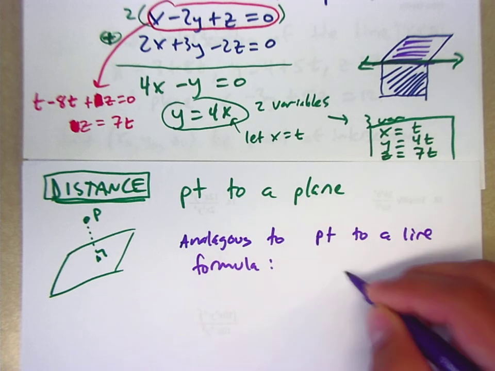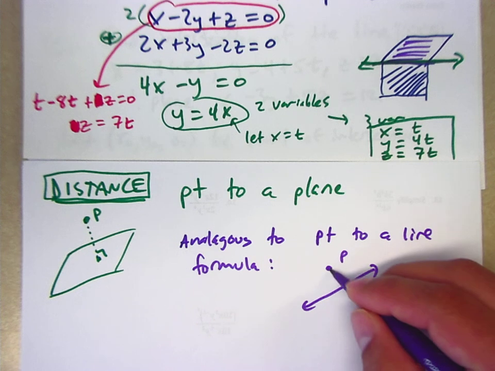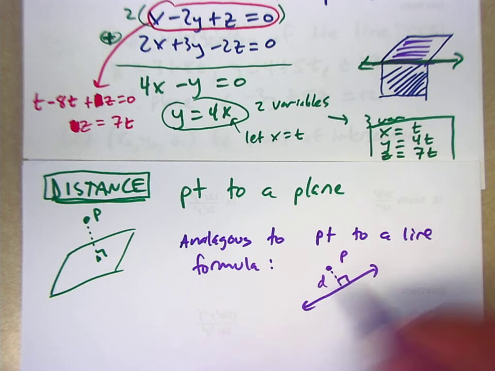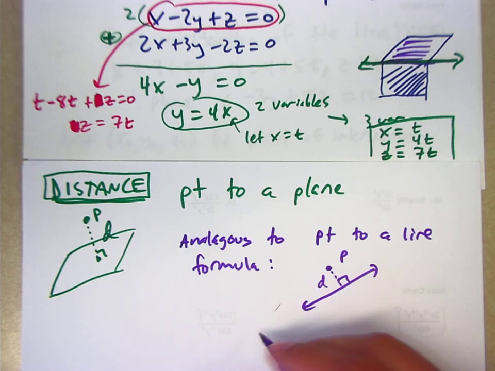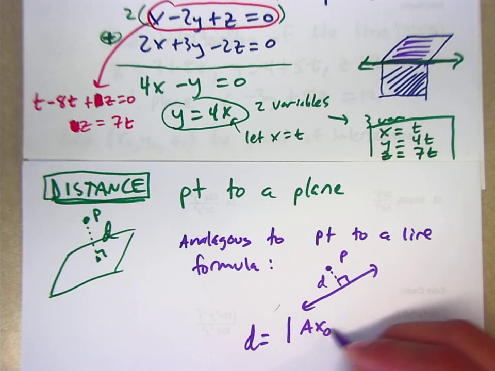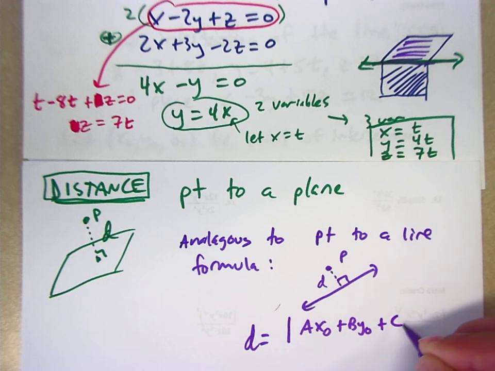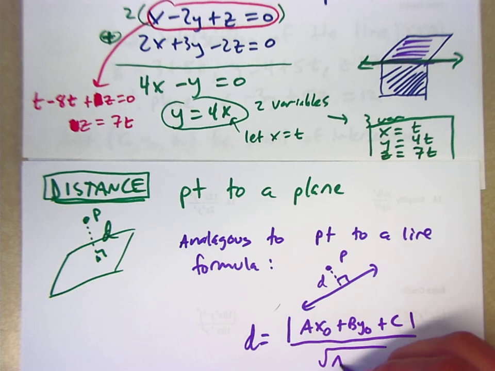In pre-calc, you had a point, you had a line, here's P, right? Same thing. The formula for this distance from a point to a line was just the absolute value of a x naught plus b y naught plus c all over the square root of a squared plus b squared.